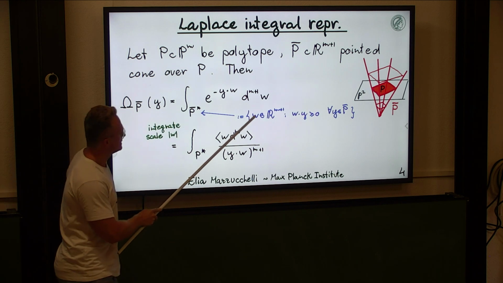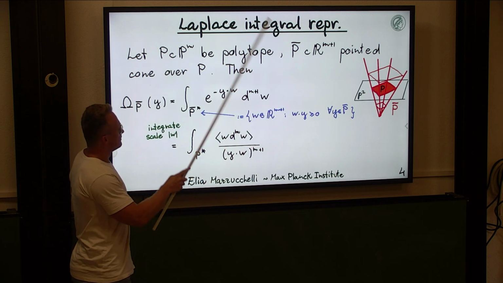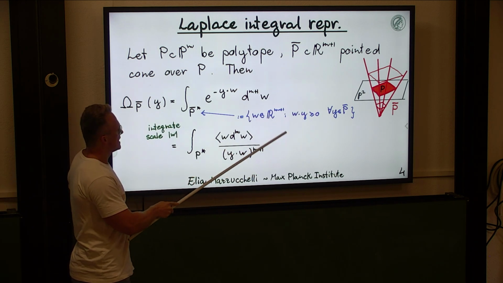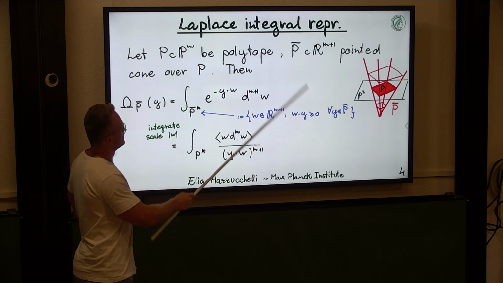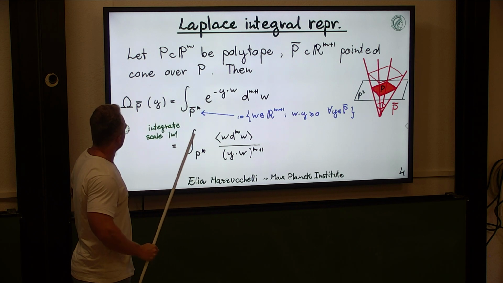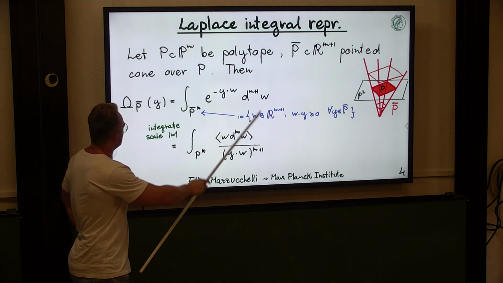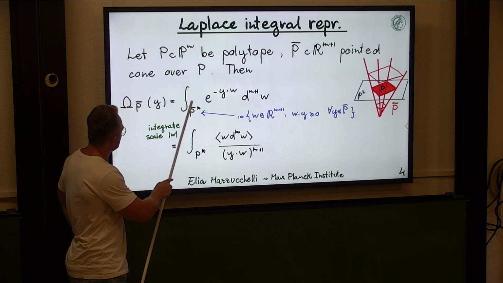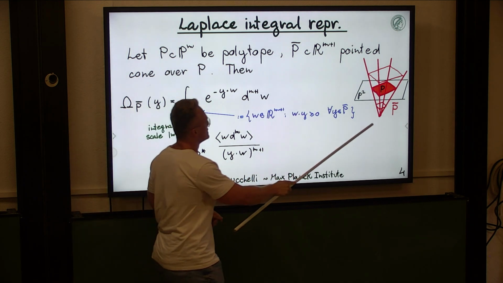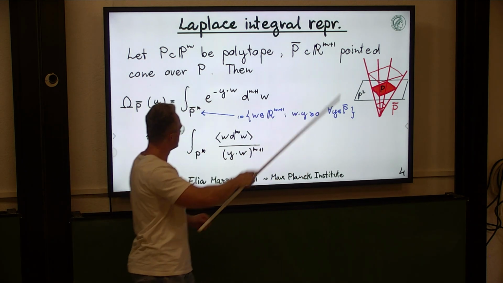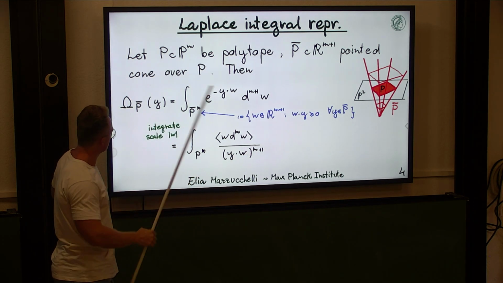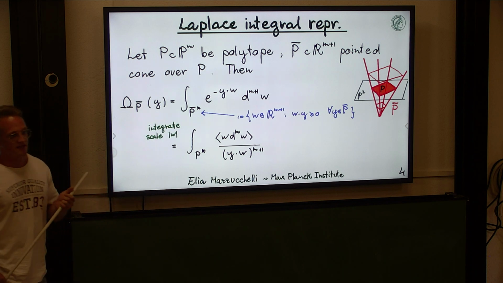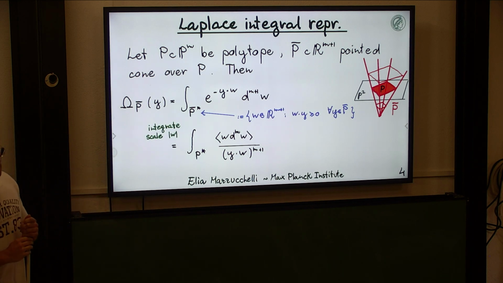The dual cone is defined by all the points in the real space of dimension one higher, such that dotted with my original cone is non-negative. So this is the Laplace type of formula. And if I integrate out the scale in R^(n+1), that's the formula that I had before, where I had this denominator. So this is really what I mean by some dual volume representation of the canonical form.